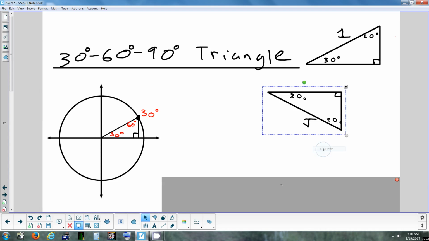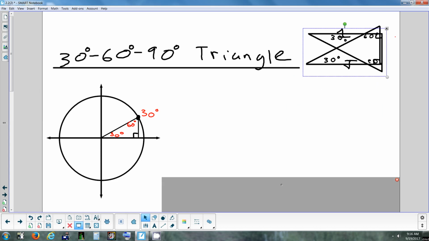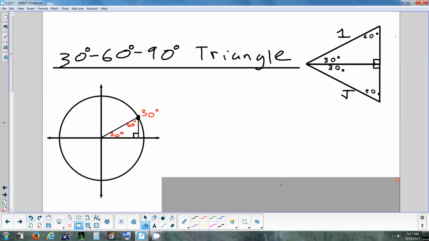I'm going to flip it that way. That's what I want. And what could I do with that? Like that? No. A little lower? Oh, okay, to make a square. I would have to flip it a different way to make a rectangle, but I'm going to line it up like that. Okay. So, any thoughts about what I just created there?